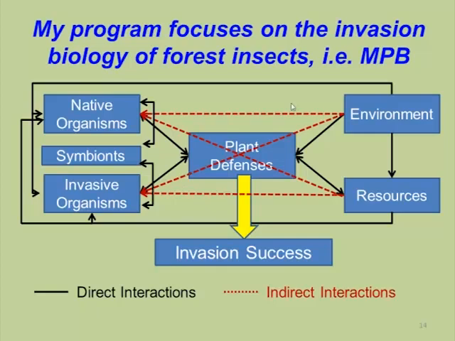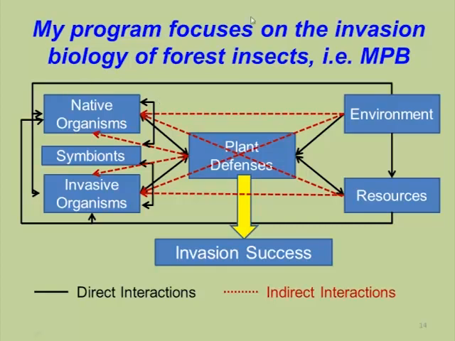For example, the environment, such as soil resources or drought, might affect the plant defenses, making plants susceptible or resistant. Those susceptible or resistant plants may affect the interaction with the organisms, native or invasive. This is what I usually focus on here. Native organisms and invasive organisms also interact indirectly by affecting the plant defenses.